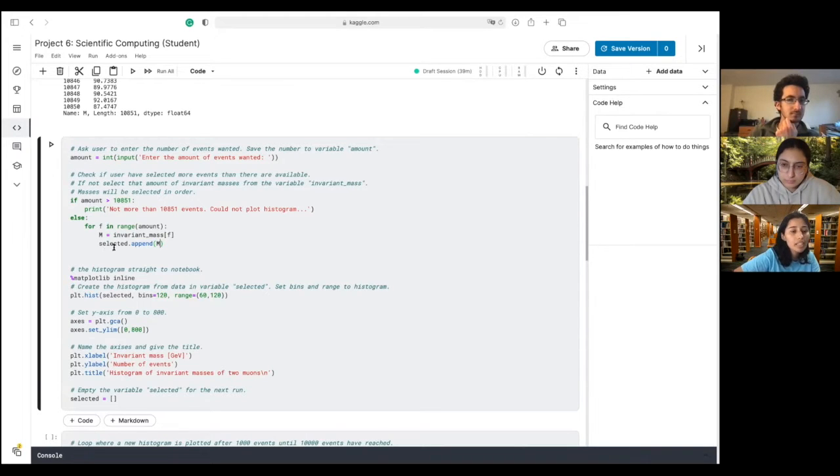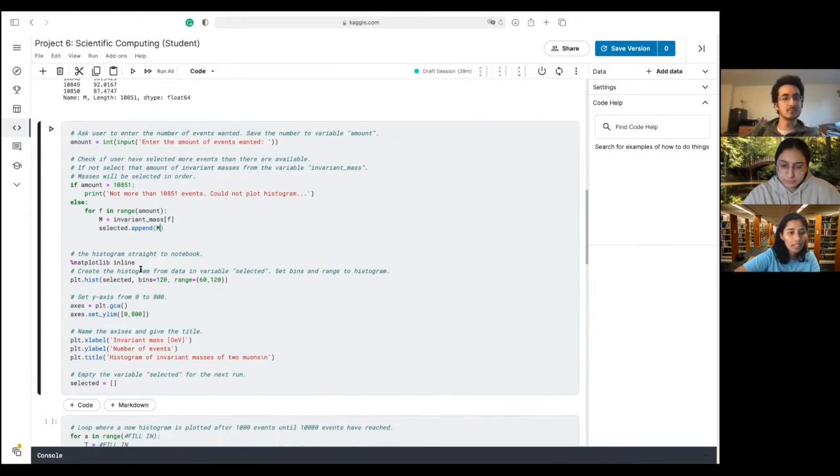We created an empty list called selected above, and we append to it this M, which is the invariant mass.